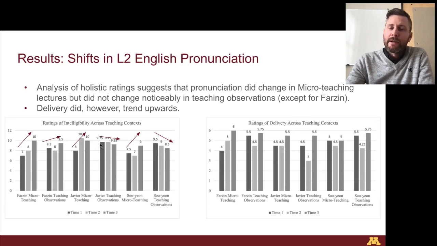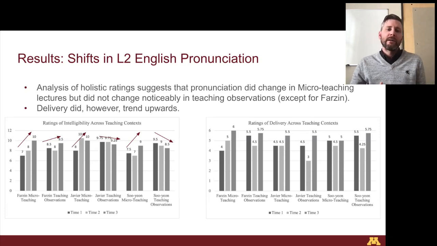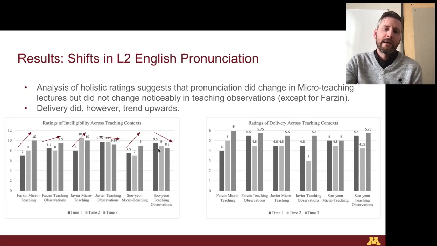Javier was actually rated very, very consistently in his authentic teaching observations, given almost the same score each time. It's marginally lower on the third, but it looks really consistent across. Suyan, our third participant, actually decreased over time in terms of how she was rated on that rating form.